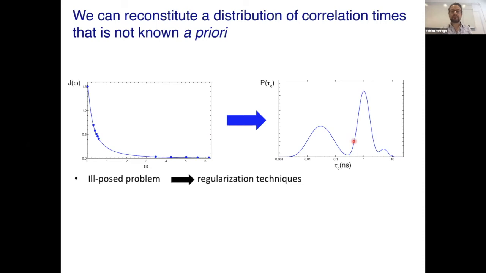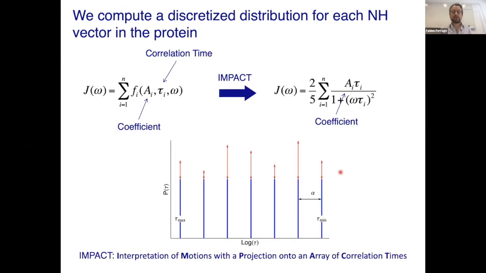So we decided to take a very simple regularization approach by discretizing this distribution. What we have now is just an array of correlation times over a range of about three orders of magnitude, and we just optimize the coefficients for the various correlation times.